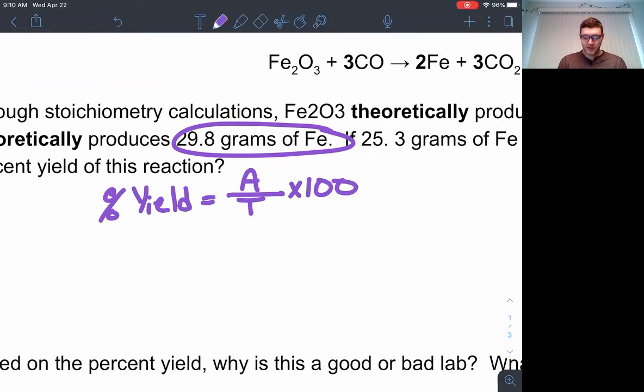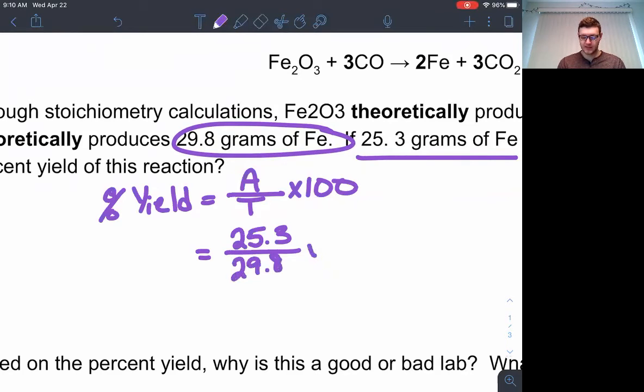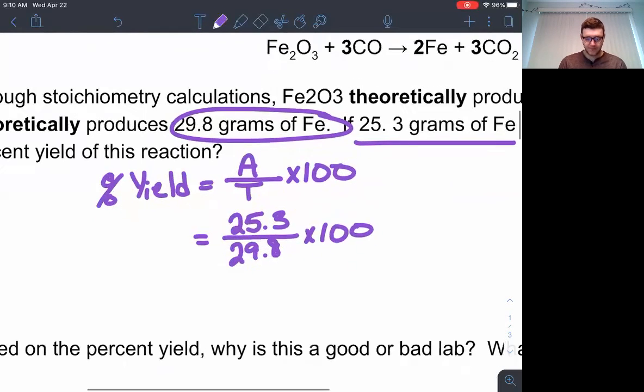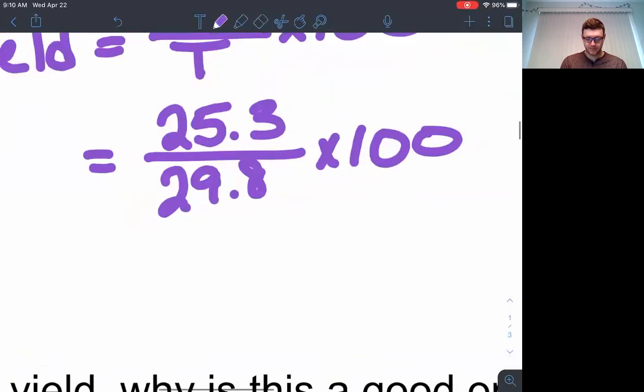Our actual yield, again, is the 25.3 grams of iron. And we divide it by the theoretical yield, which we decided was 29.8 grams of iron. And then we multiply that by 100. When we do 25.3 divided by 29.8 and multiply by 100, we get 85%.